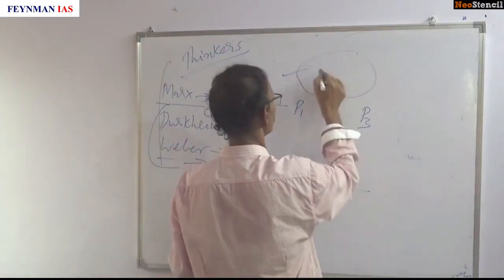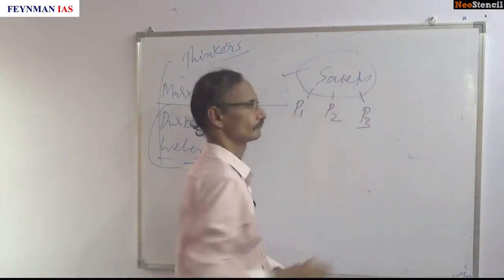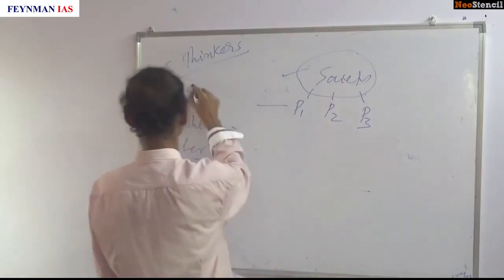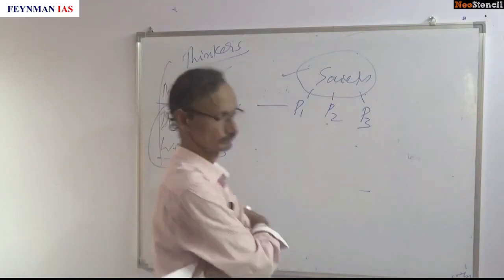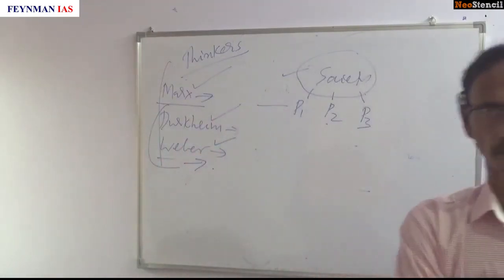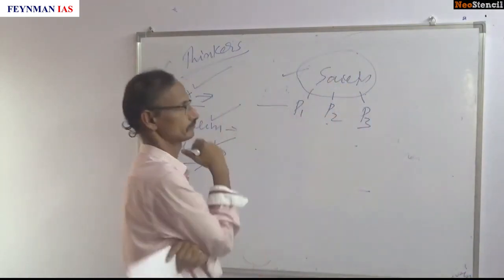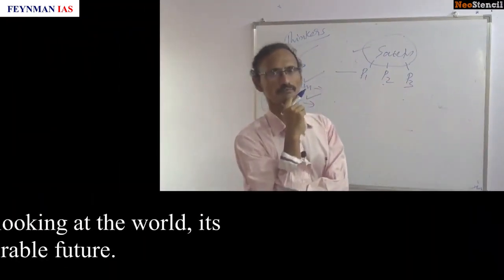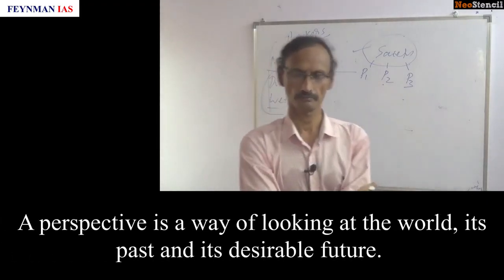There is a society. These are perspectives. Marx's perspective, Durkheim's perspective, Weber's perspective. A perspective is the way to look at the society, the world, its past, and its desirable future.